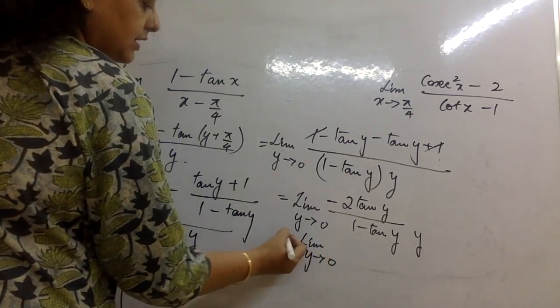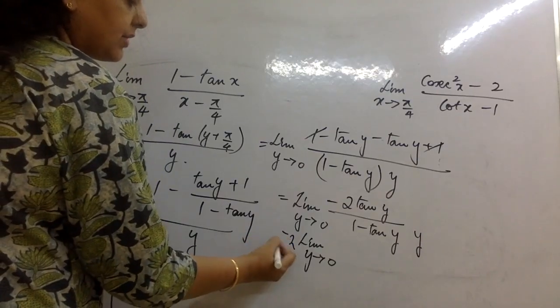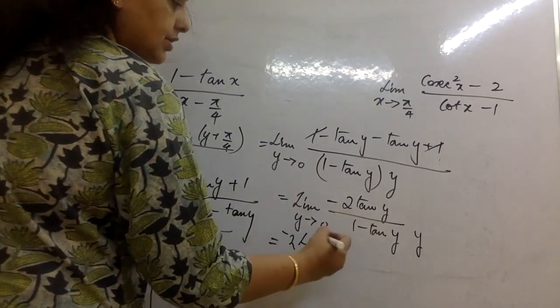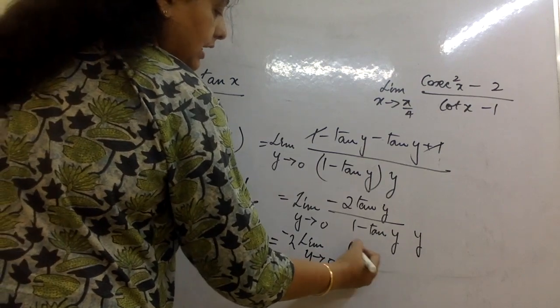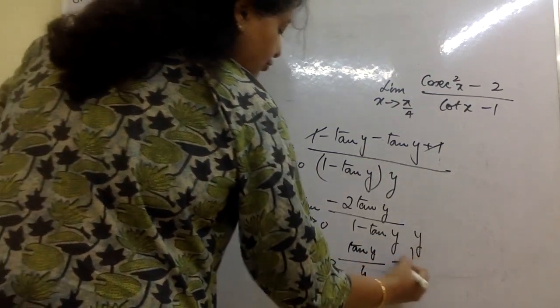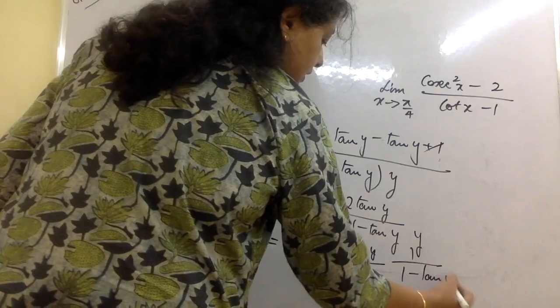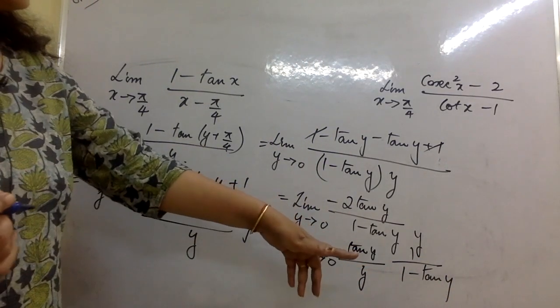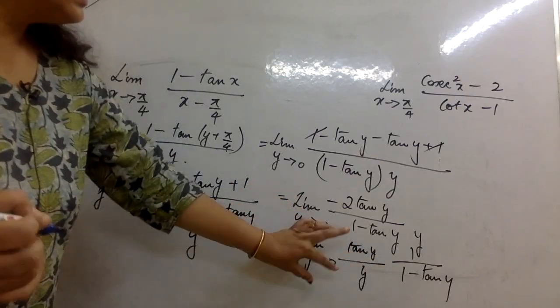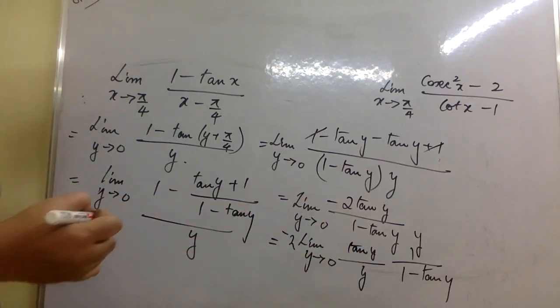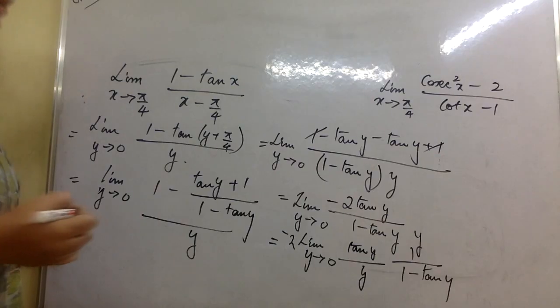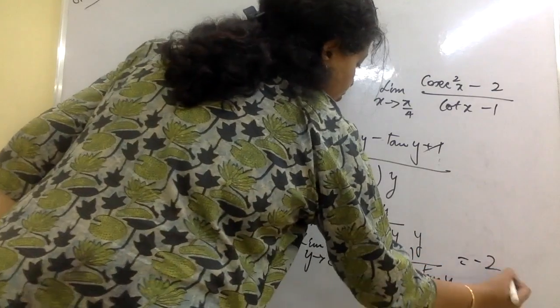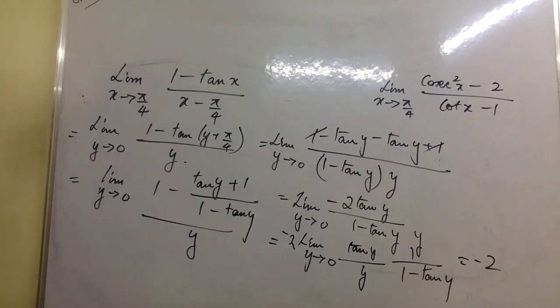Here we bring the minus 2 out: minus 2, tan y by y, and 1 by 1 minus tan y. If tan y is equal to 0, then we get only 1 here. This part becomes 1 because of the formula. So my answer becomes minus 2. So that was the sum.